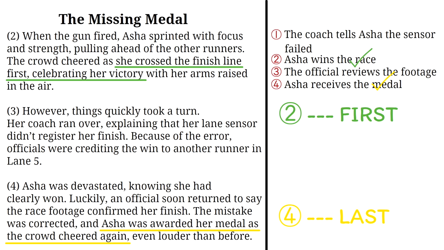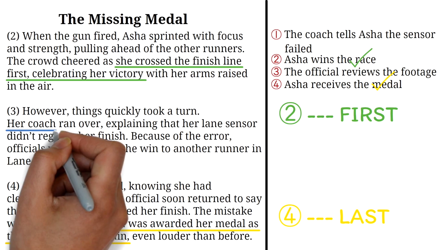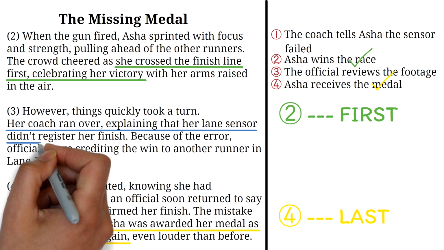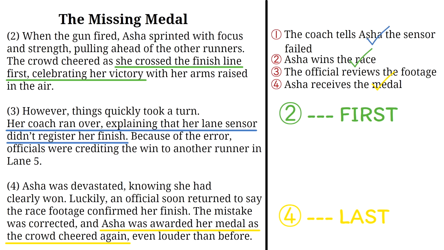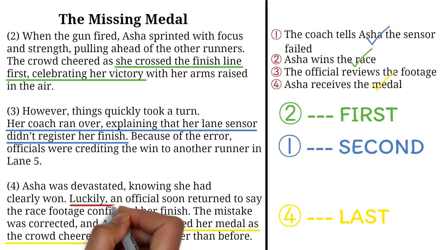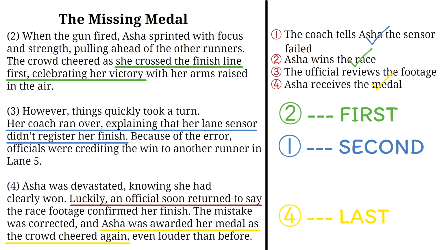Now, let's use the remaining items on the list to find where they occur in the passage, between the first major action and the final outcome. So in our passage, after the major action, the next event that happened was when the coach rushed in to tell Asha that her sensor did not register her finish. And the next event after this was when, by a stroke of luck, an official reviewed Asha's race footage and returned to confirm her finish.